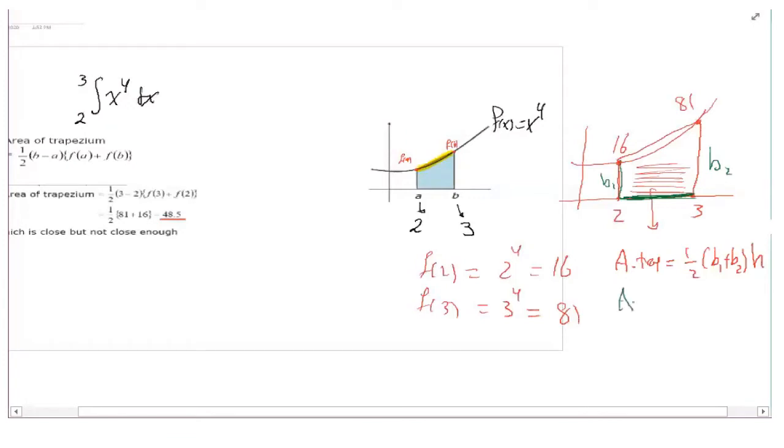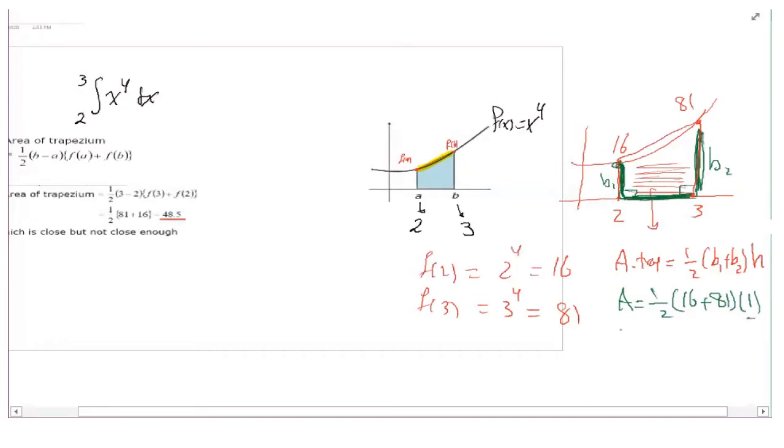So the area here is half of 16 plus 81 multiplied by the height, which is 1. So base 1 is equal to 16, base 2 has a length of 81, multiplied by the height between them, the perpendicular distance between them, which is 1.